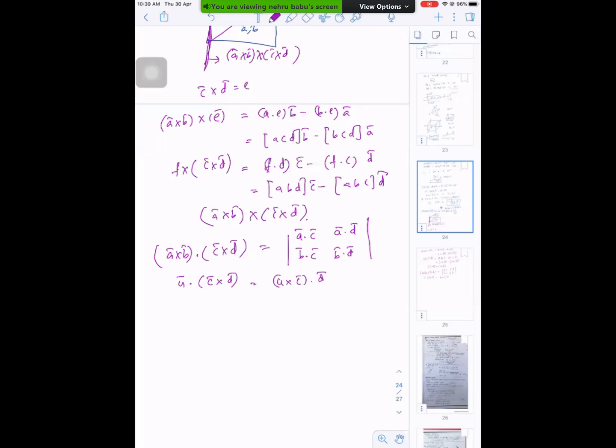So U dot C cross D is the same as U cross C dot D. U cross C means A cross B cross C, dot product with D bar.